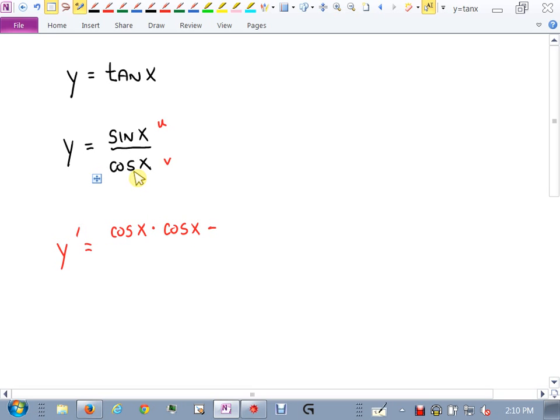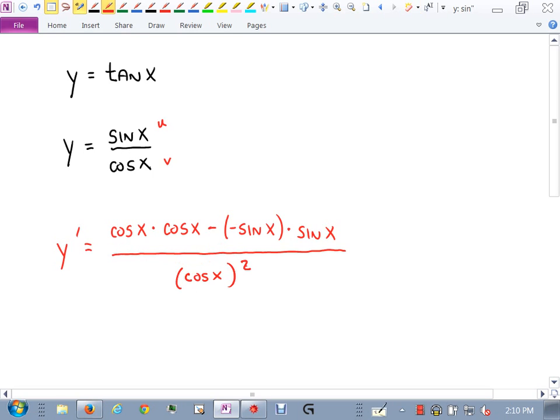What's the derivative of cosine x? Negative sine x, times u, which is sine x, all over the bottom squared, so cosine x squared.